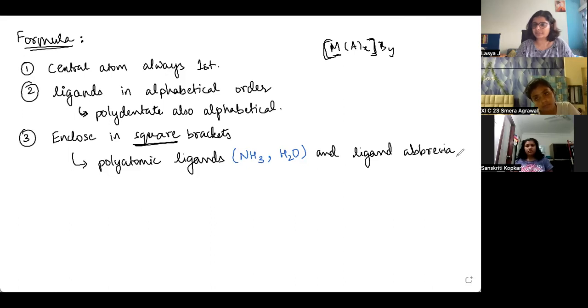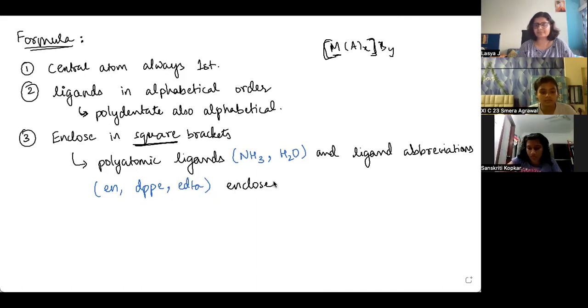So whenever you have multiple letters that do not represent a single atom, that is, polyatomic ligands and ligand abbreviations like en, DPPE (diphenylphosphinoethane), and EDTA that we came across, all of these will be enclosed in normal brackets.